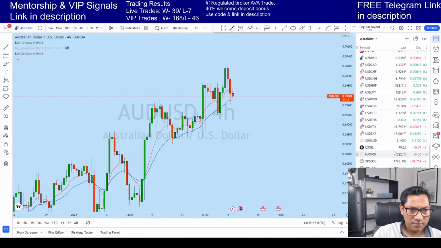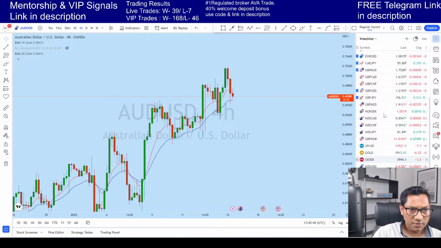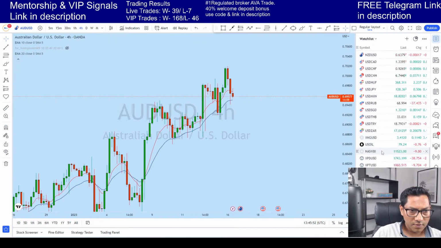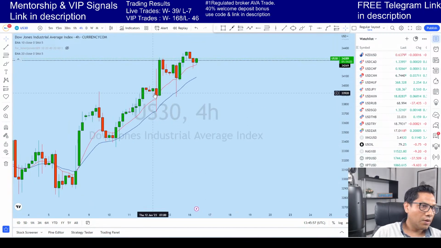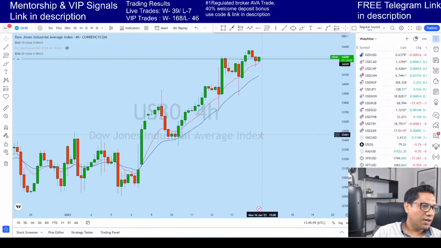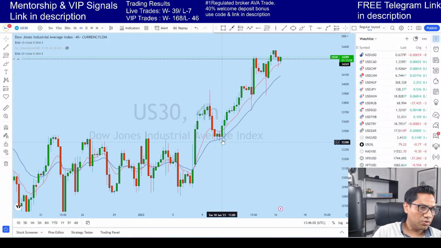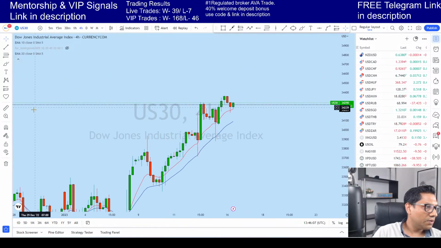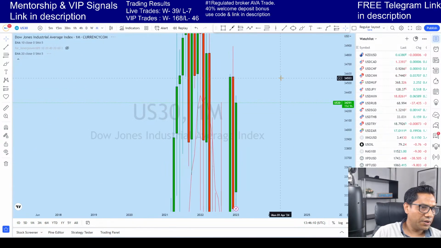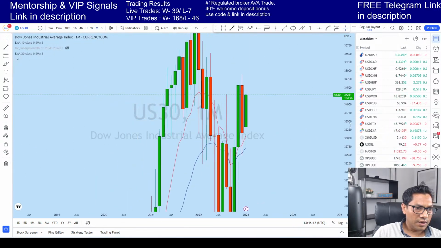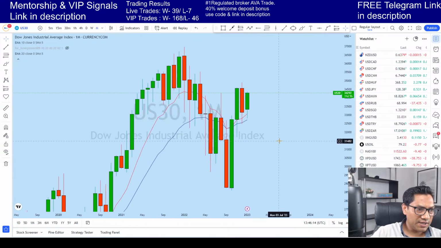US30. Okay, so US30, guys, there was a big bull candle from here and it created a big move. Let's look first of all at the bigger picture, the monthly. Now US30, what I see is that the price action on the monthly so far was bullish.